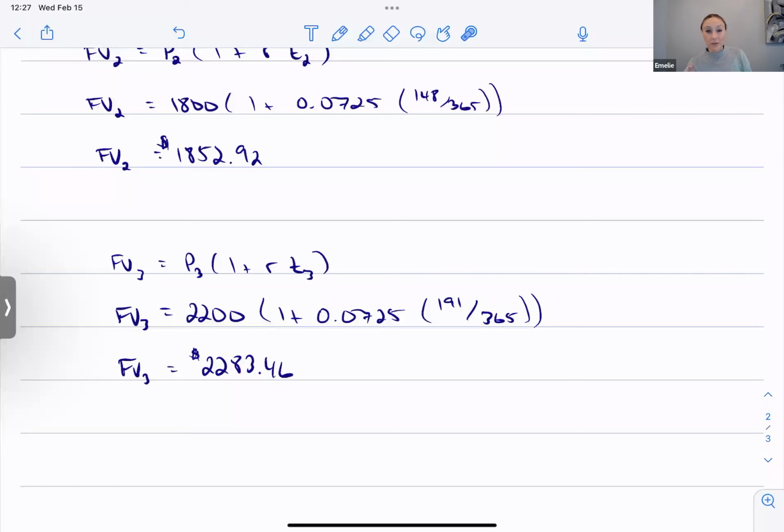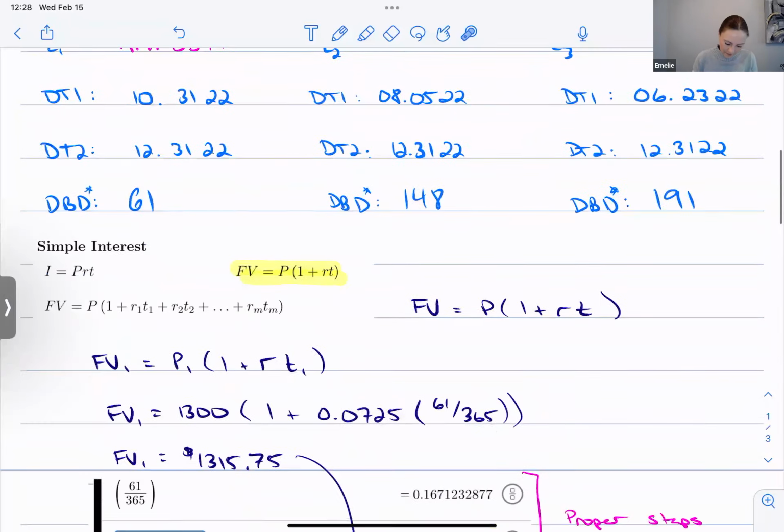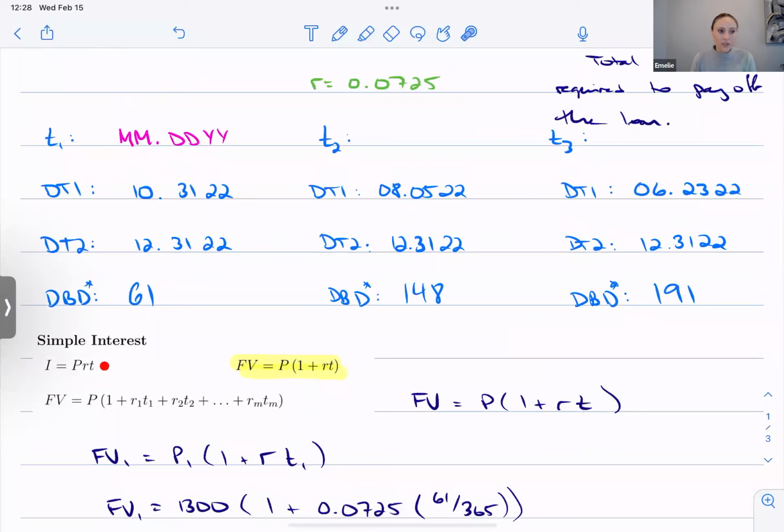So it's not something that I recommend that you do, right? I want you to use the future value formula, but another thing that you could have done, right? If you prefer to use this formula, I is the amount of interest, what could you do? You could have used this formula to find the amount of interest, $83.46 for that first one.